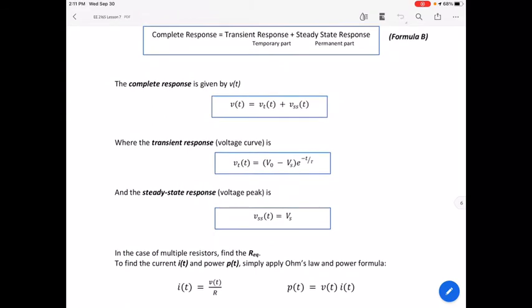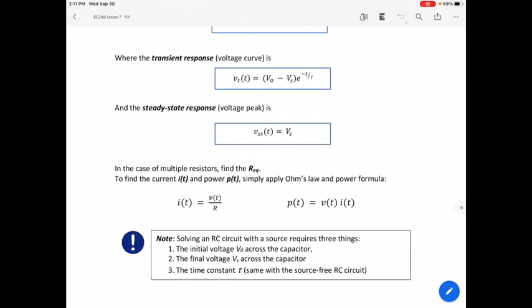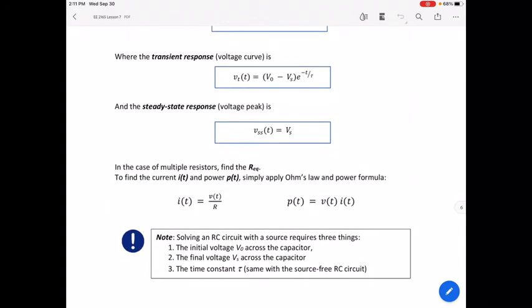Now, in the case of multiple resistors, you just need to find the Req, or the equivalent resistance, and to find the current, you just need to apply Ohm's law, and to find the power, you just need to apply the power formula. Now, you need three prerequisites in order to solve the RC circuit with a source. First is the initial voltage V sub 0 across the capacitor, or the voltage at time t equal to 0.